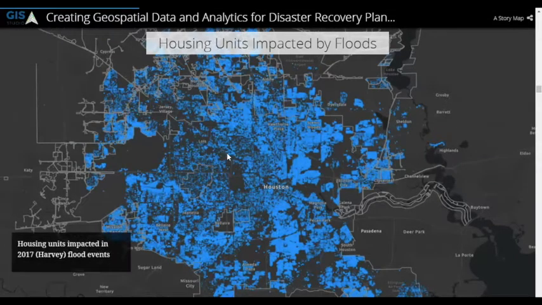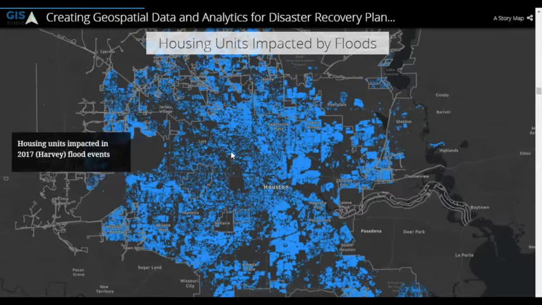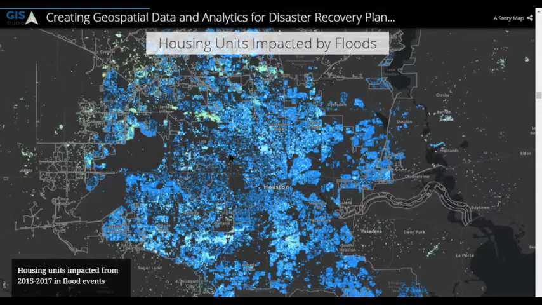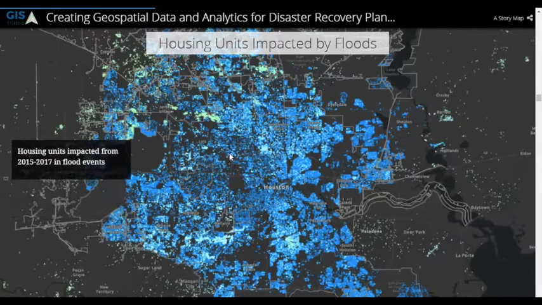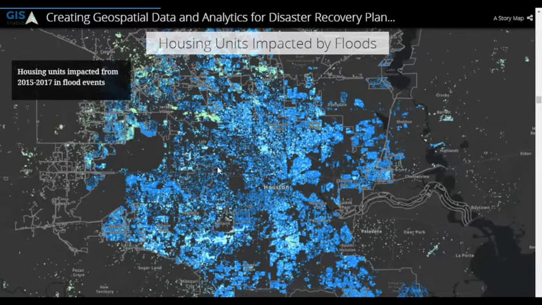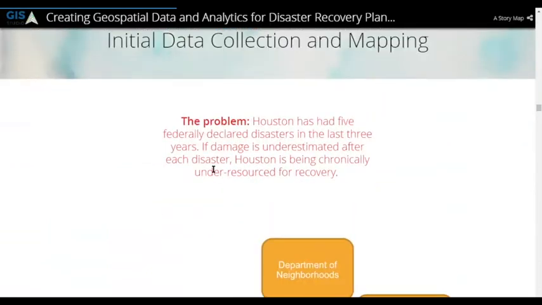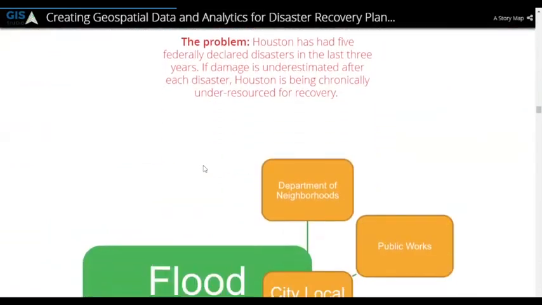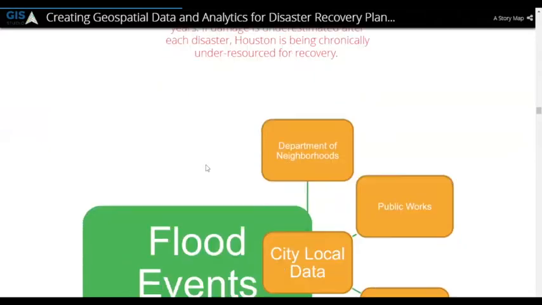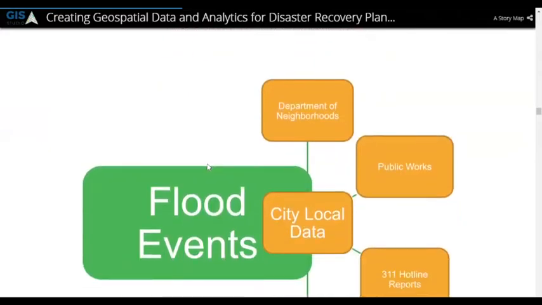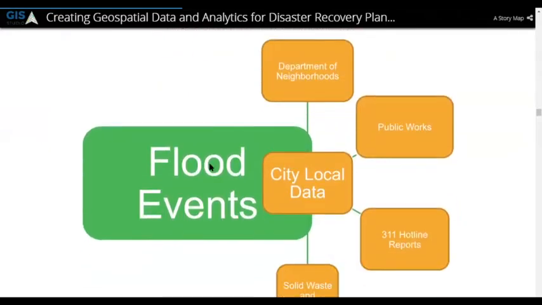And then you had 2017, as you can see, it pretty much covers the whole city. Then when you combine all that data from 2015 to 2017, it's a lot of water in Houston. So these 5 federally declared disasters really happened in 3 consistent years. And that damage, if it's underestimated, we could underestimate what the funding need actually is in Houston.